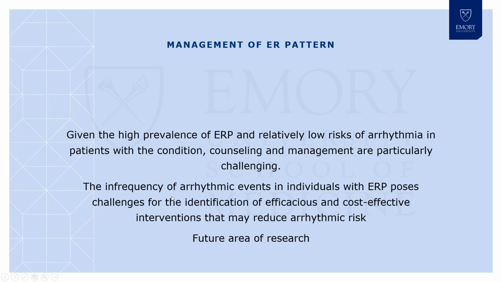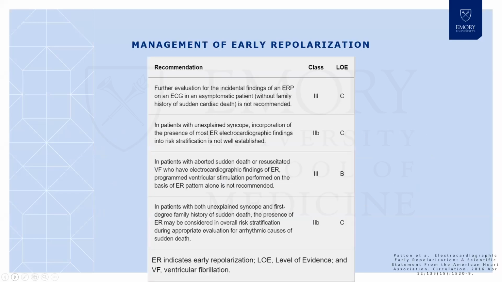So let's talk about the management. This is really the big problem, because even if you see a patient with early repolarization pattern, it's hard to know what to do. Definitely shouldn't place an ICD on everybody because their absolute risk is so small. So what do the guidelines say?